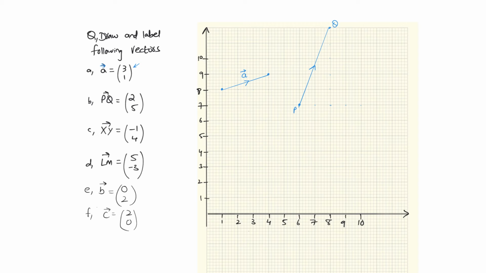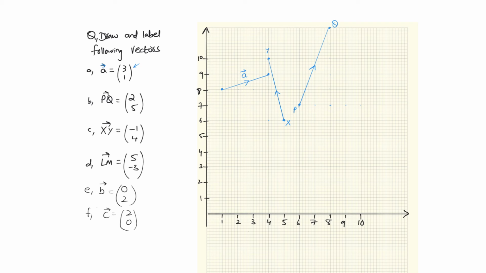Then we have XY. So if I mark this point as X, from X I'll have to travel -1, meaning leftward, and then 4 units on the top. So that's your position Y, and now you can join them with a straight line. So here we have our vector XY. Okay, then I have vector LM, 5, -3.